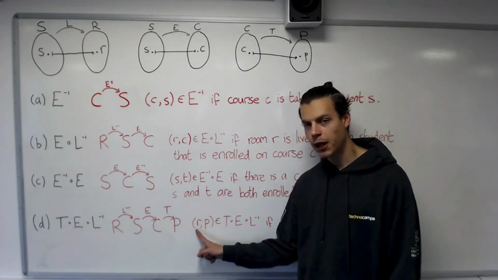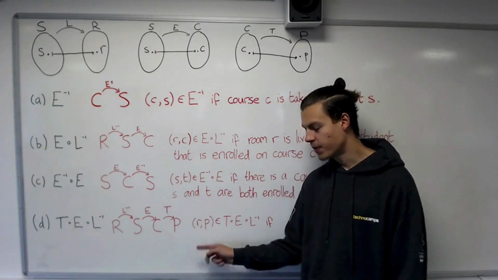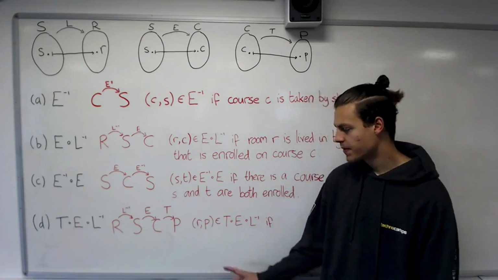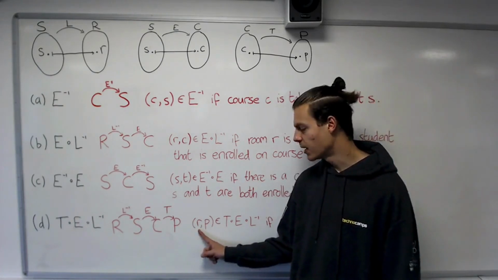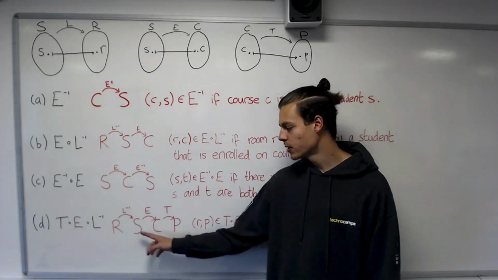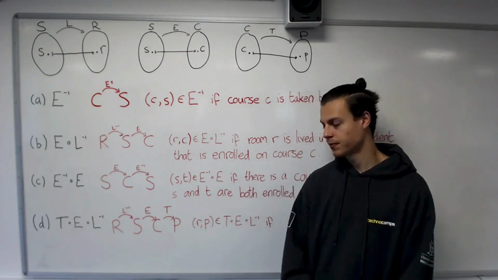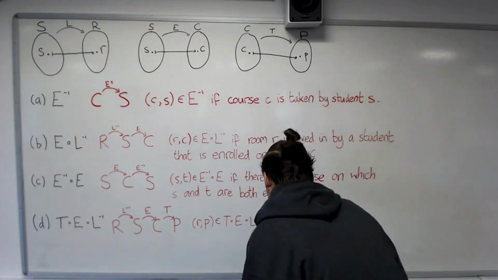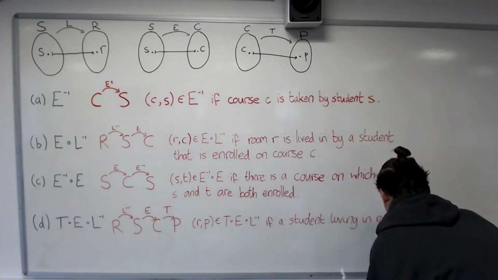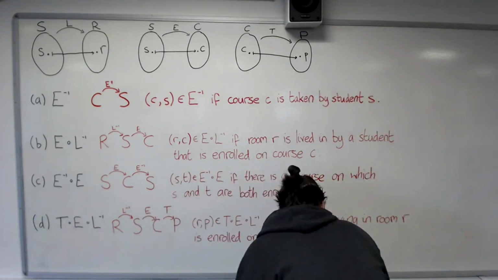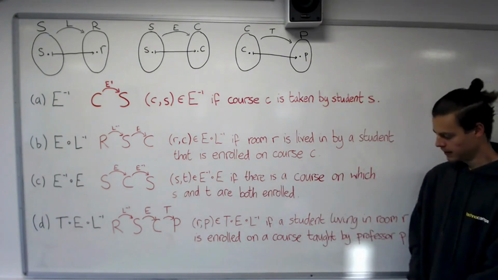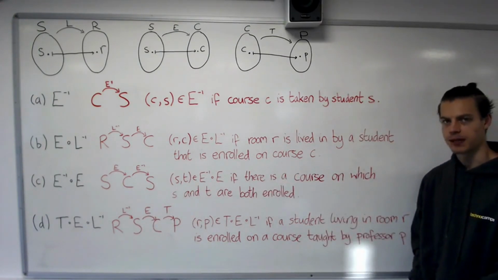So room R is related to Professor P if a student living in room R is enrolled on a course that is taught by Professor P. And there we have our four relations.